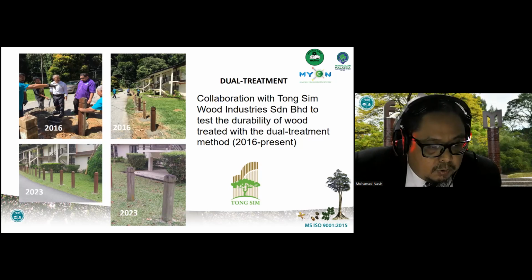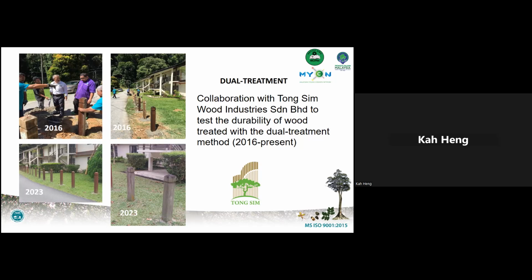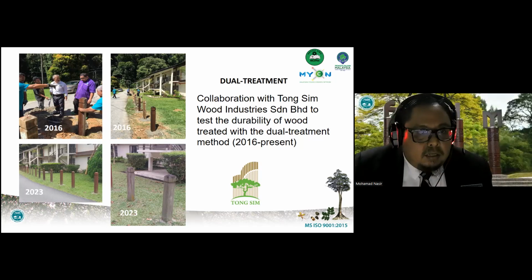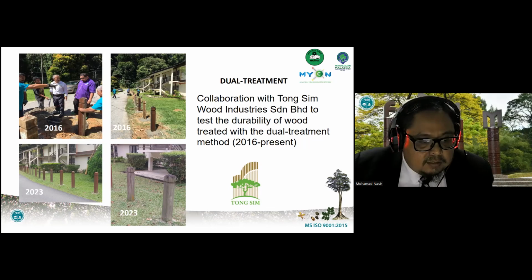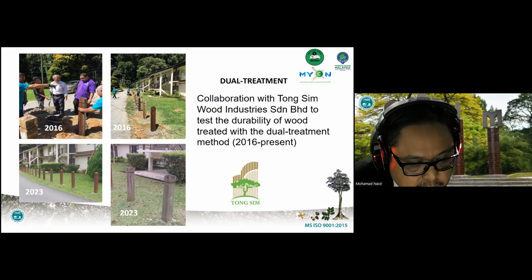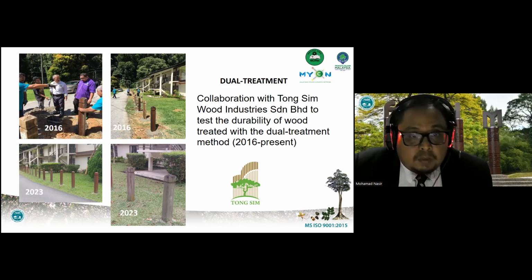So here is a couple of wood that was struck by lightning, and it has very poor properties. But after we applied this technique, the dual treatment, we successfully extended its life, and until now the wood is still okay.